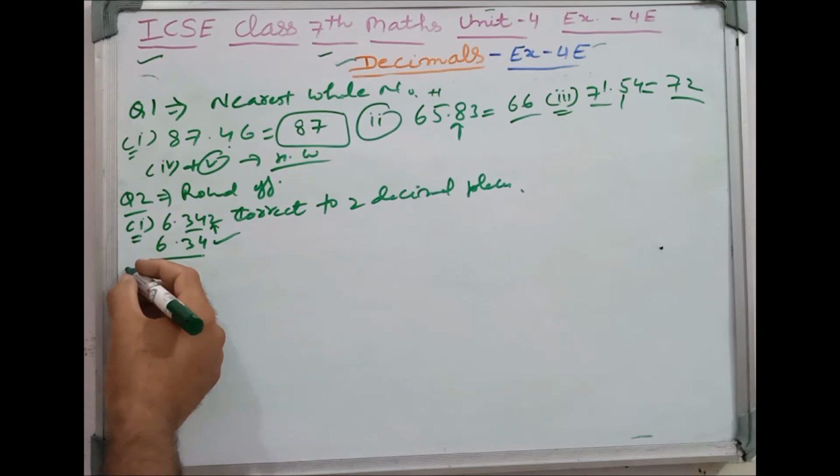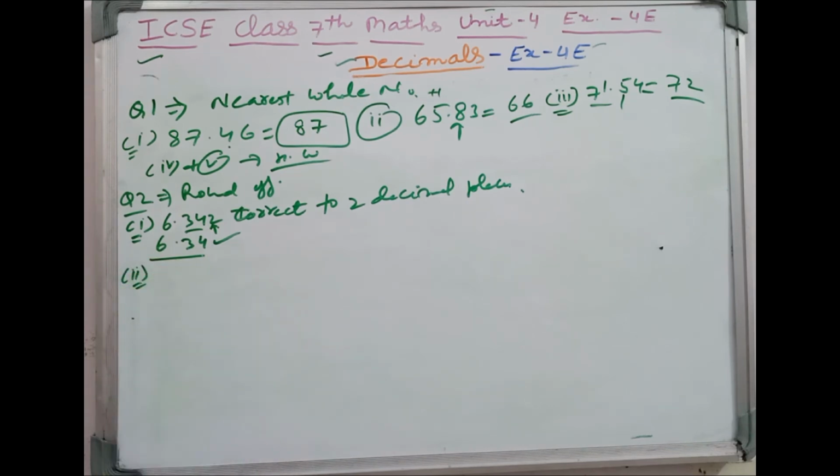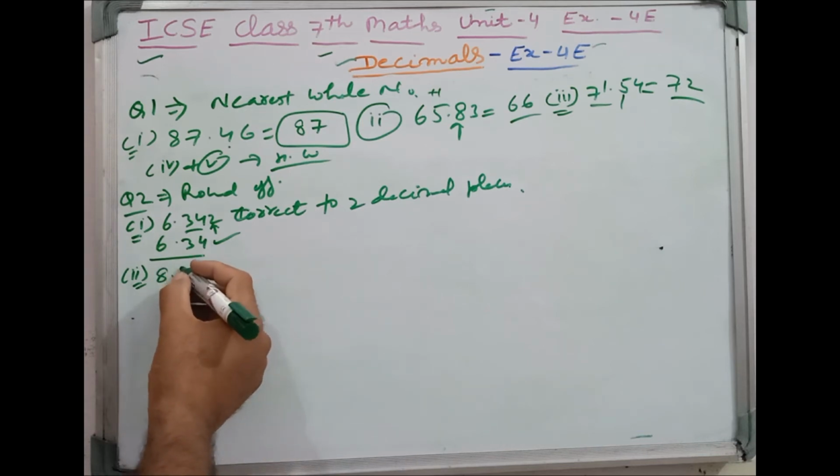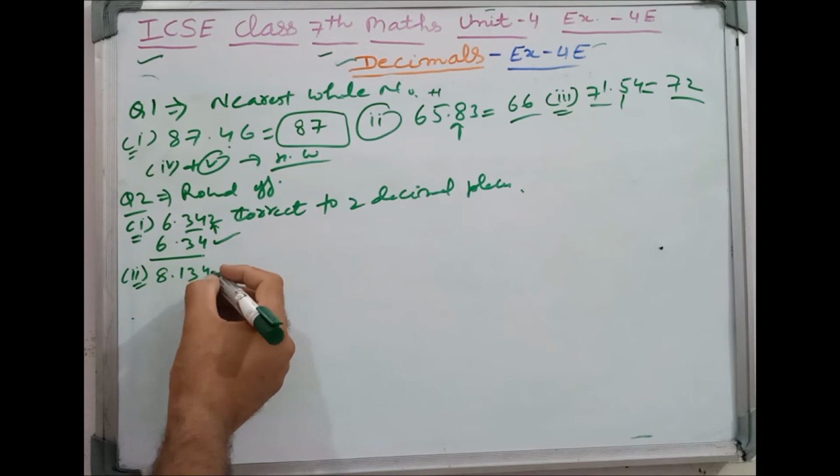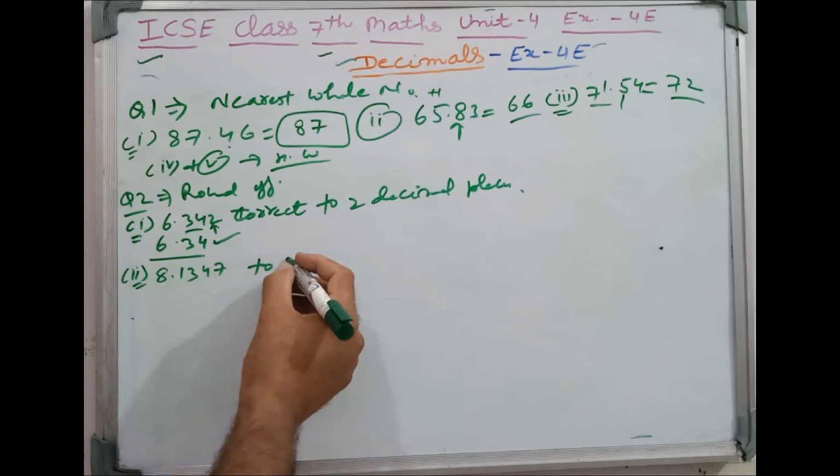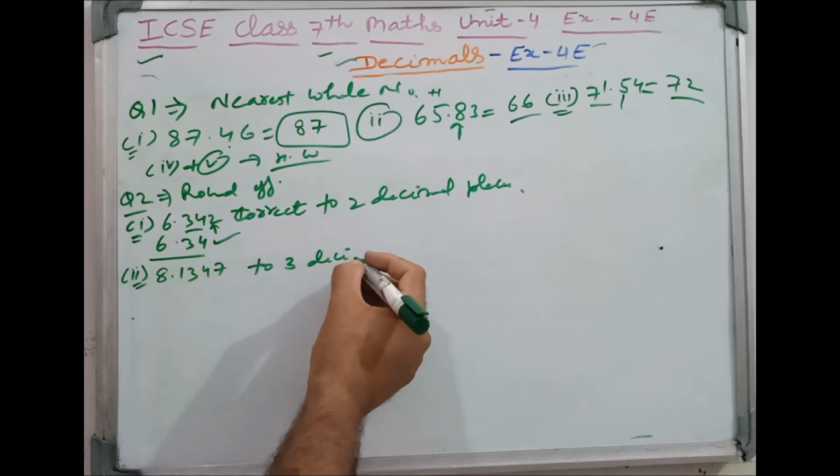Right? Now the second part is 8.1347, to 3 decimal places.